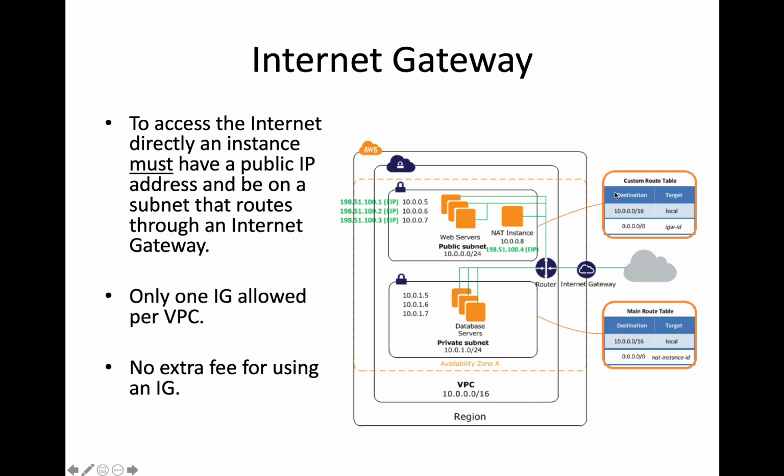In other words, this routing table is saying that any traffic that is destined for a resource that's within the VPC should just be routed locally within the VPC. That's all that first rule is saying.